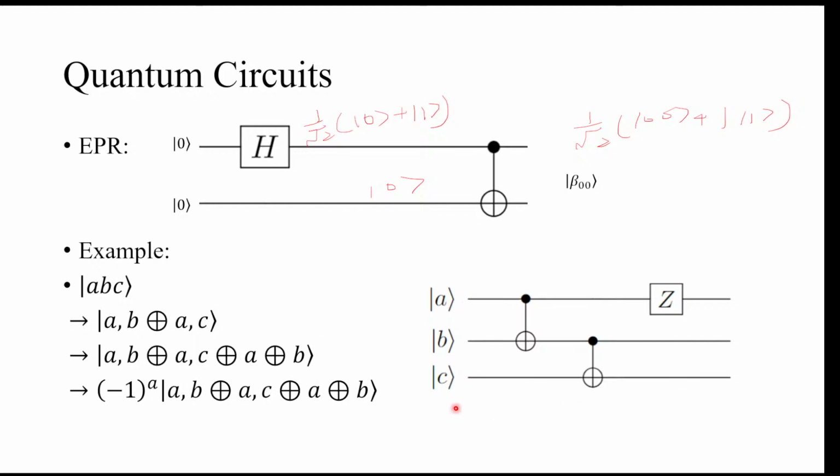So A, B, C, and the first CNOT adds the first register to the second register, so B plus A, or A plus B. The third register is still C, then you do CNOT and you add this B plus A to the third register, so it's C plus A plus B, and finally you do Z on the first register, so you have minus 1 to the A here. So it's just a calculation example.